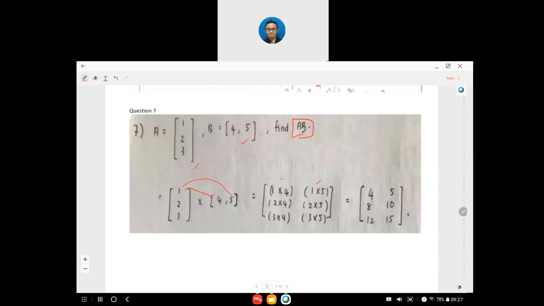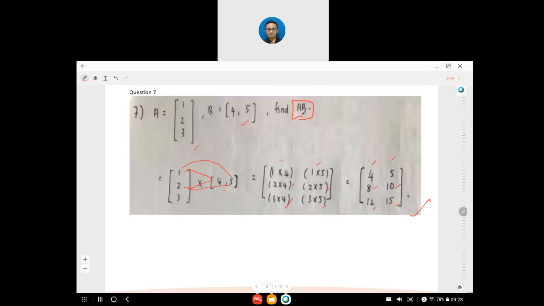Dia tak ada kat bawah tu, hanya darab biasa direct je ni. Okay, and then 2 times 4, 2 times 5, and then the last one, 3 times 4 and then 3 times 5. So your final answer is 4, 5, 8, 10, 12, 15. Okay, that one for question 7.